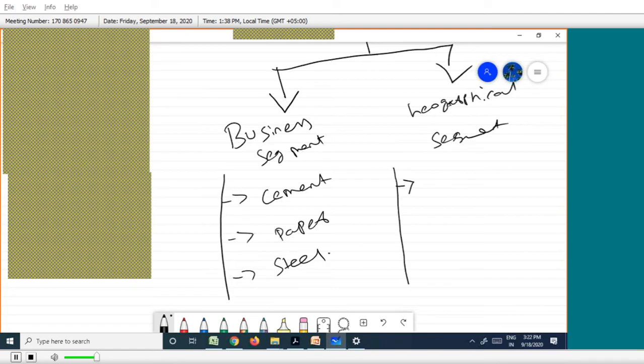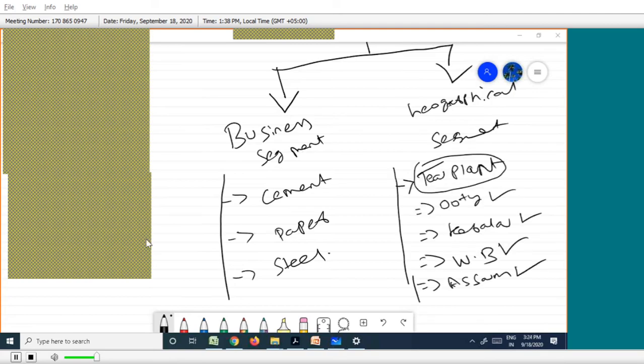So even though it is the same product, same tea only I am producing, I cannot expect the same return that I am getting in Tamil Nadu. I cannot expect it in West Bengal. I cannot expect it in Assam, because there the political scenario is different. Local laws are different. Labor availability is a shortage, and there is a possibility of a lot of natural calamities. So the risk and return is totally different.